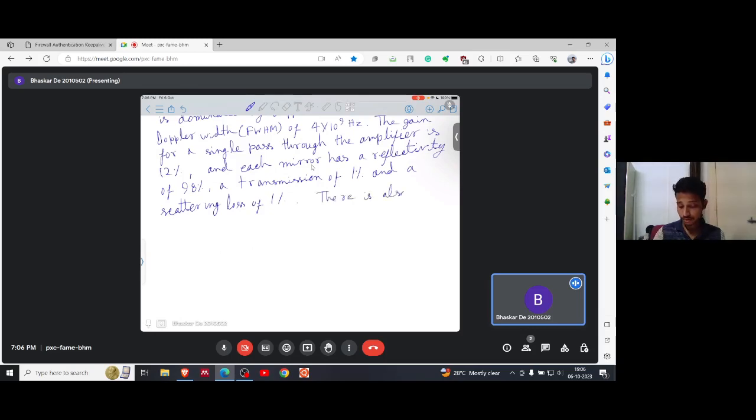There is also a scattering loss of 0.5% at each Brewster window.